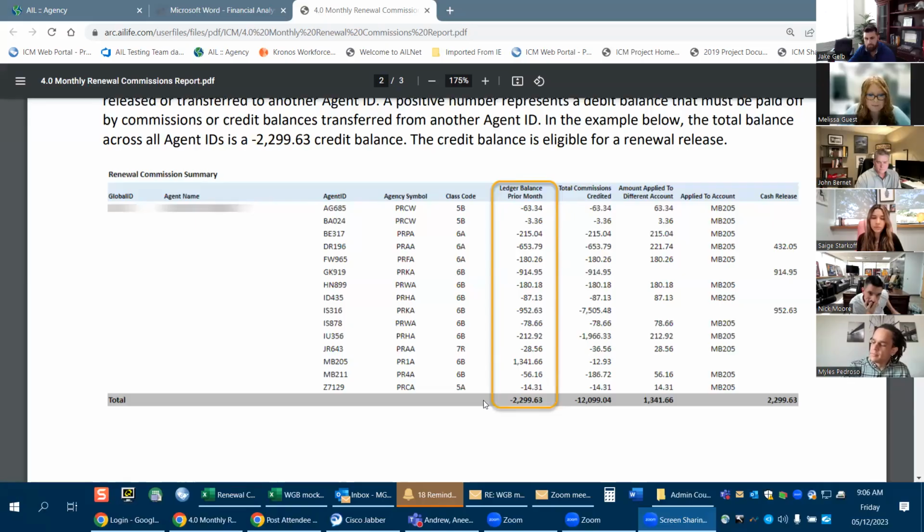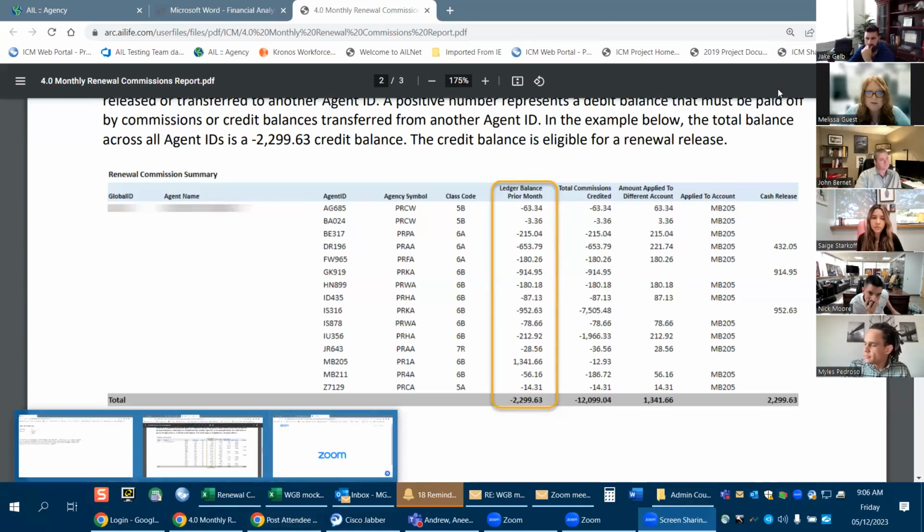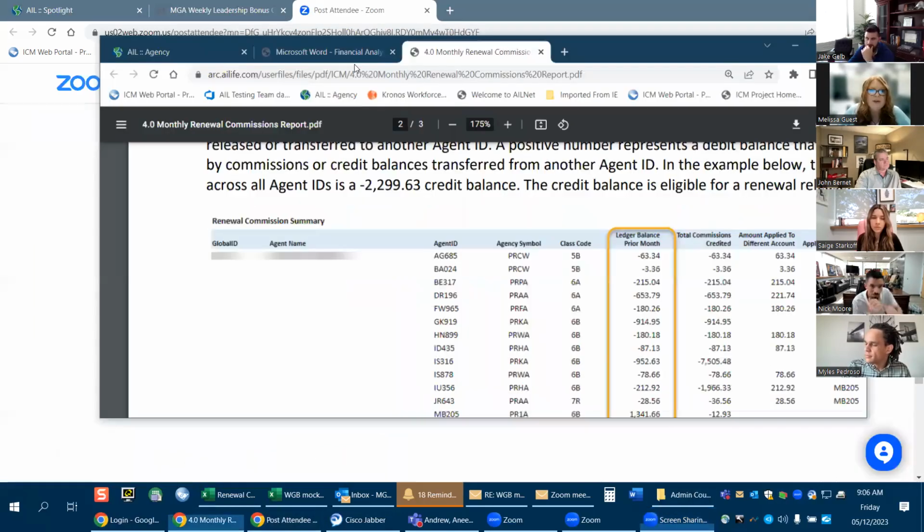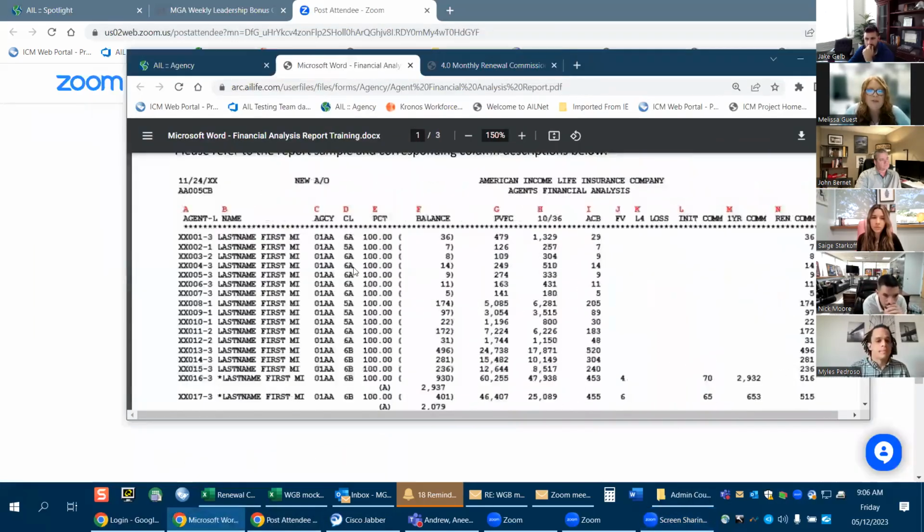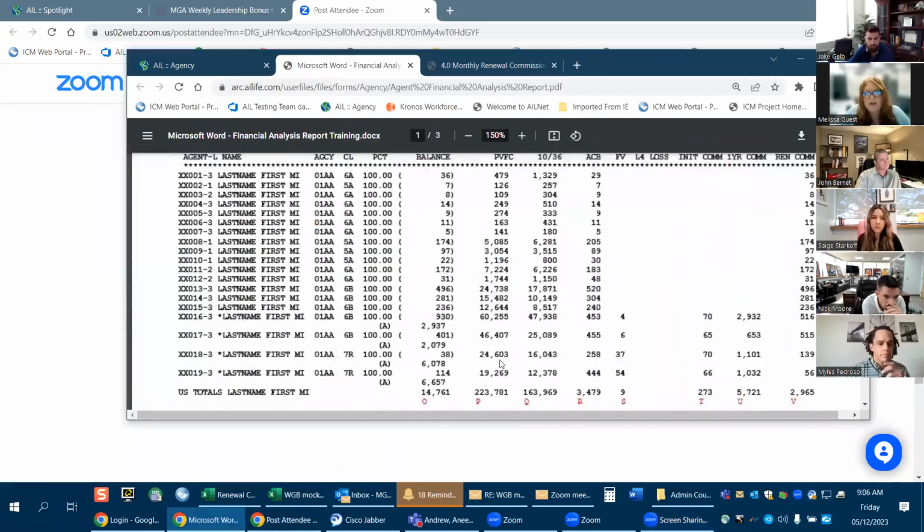Separately, we have the financial analysis report that's generated each month that will also show the agent's prepaid balance on that account. You can also see these two balances on the monthly ledger statements each month. So if you're only looking at the renewal commission report in ICM, it will list the ledger balances only.